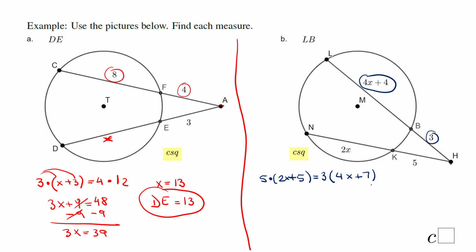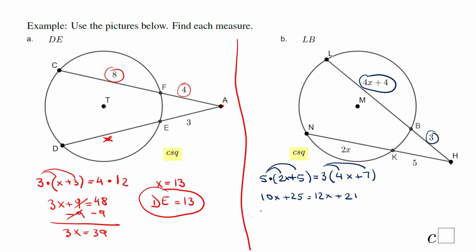Okay, so that's the reason we have here 4x plus 7. We add those two pieces. A distributive property, like in the previous problem, 5 times 2x, 10x. 5 times 5 is 25, equals 3 times 4x, 12x, and 3 times 7 is 21.